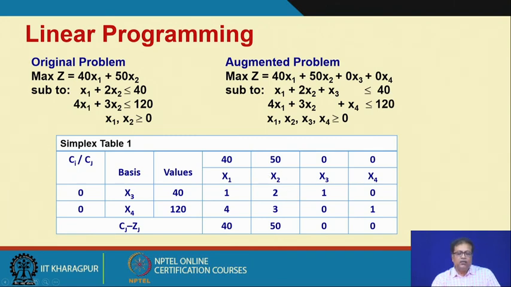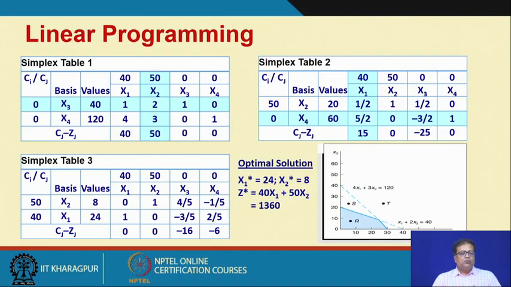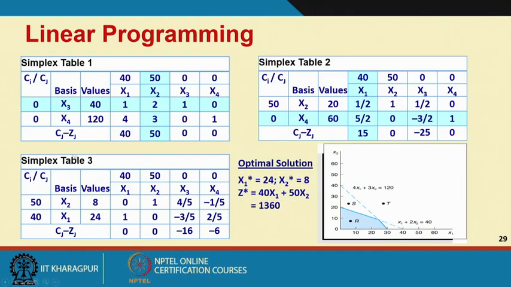So, this is how we write the first simplex table. Once we write the first simplex table, from it we find out which of x3 and x4 becomes a bottleneck resource. Look here, we have more profit from x2.